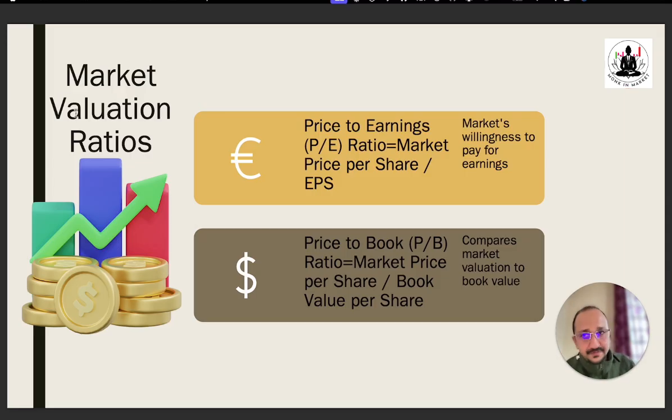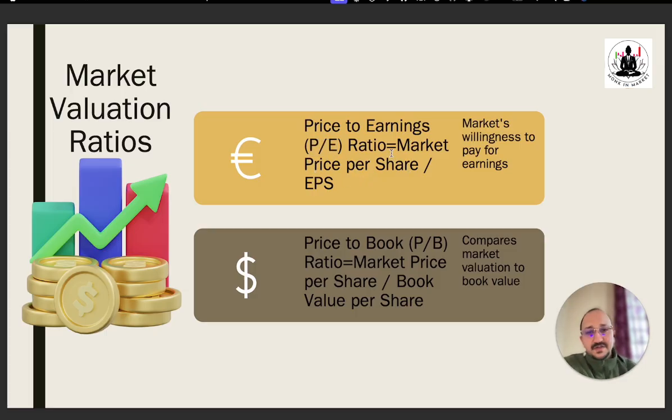So the valuation ratio tells whether the price is overvalued or undervalued. And being a consumer, being an investor, I should be investing the money only when the PE ratio is least, or which company I should be investing my money in when the PE ratio is least, right? So the PE ratio is the market price per share.